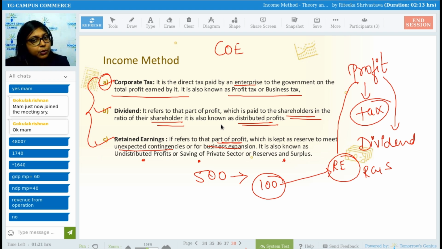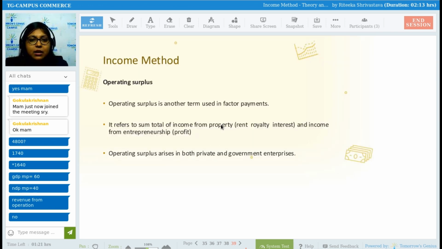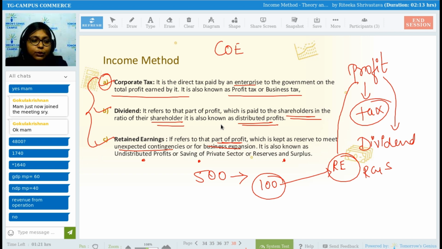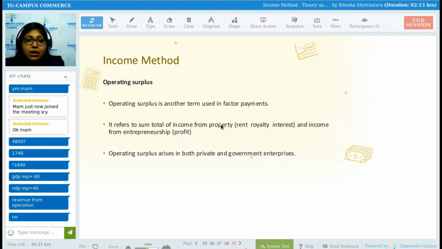At times they will directly give you in the question as retained earnings. At times they might give you the alternative names like undistributed profit, savings of private sector or reserves and surplus. Fine. So that was the next part. That was profit. Profit got divided into three subparts: corporate tax, dividend, and retained earnings.